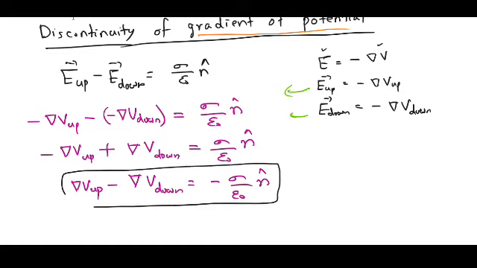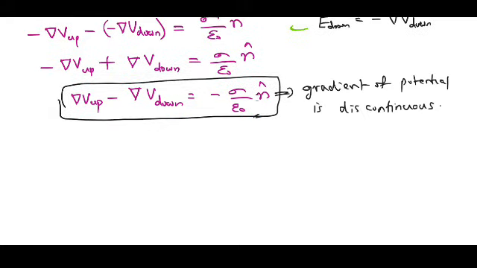Fine, this is the proof that the gradient of the potential is discontinuous. This discontinuity is always normal to the charged boundary. If you see this n cap, that suggests the discontinuity is always normal to the charged boundary.